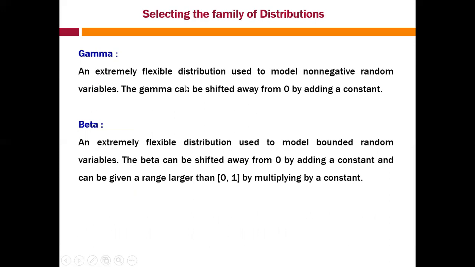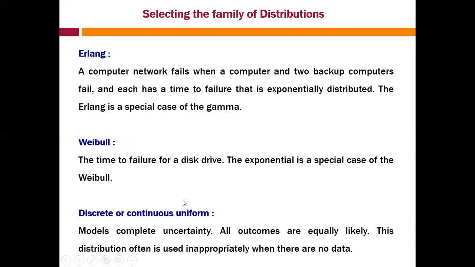Gamma, an extremely flexible distribution used to model non-negative random variables, and the gamma can be shifted away from zero by adding a constant. Beta is an extremely flexible distribution used to model bounded random variables. The beta can be shifted away from zero by adding a constant and can be given a range larger than 0 to 1 by multiplying by a constant.